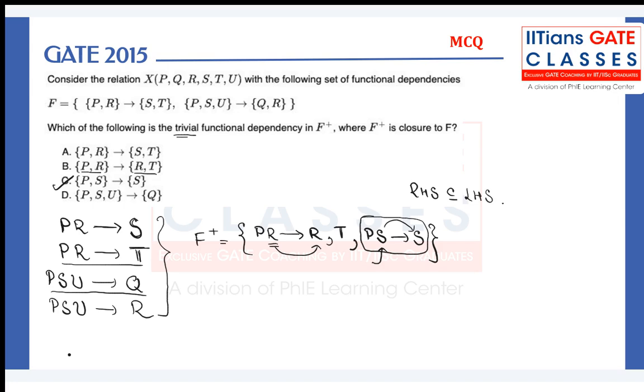Here the RHS is S, the LHS is PS. S is a subset of PS. It is called a trivial functional dependency. Is trivial functional dependency clear?